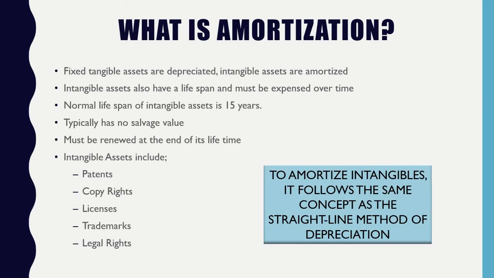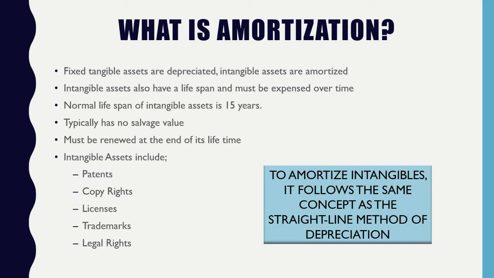Just like land is to deplete. Depletion is for land. Okay? All three words are more or less the same idea, same concept, because what it does is it takes the value of that asset and it loses its value. You're adjusting the value of those assets. The only difference is what kind of asset they are.